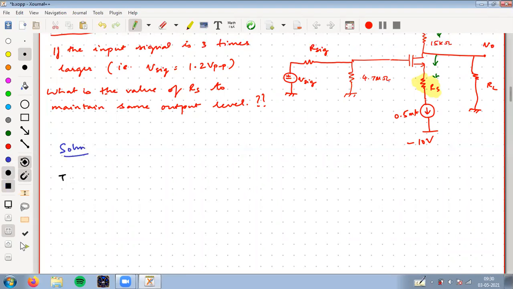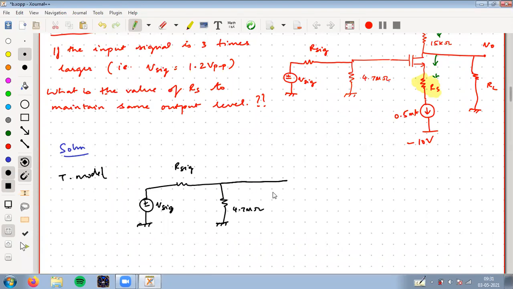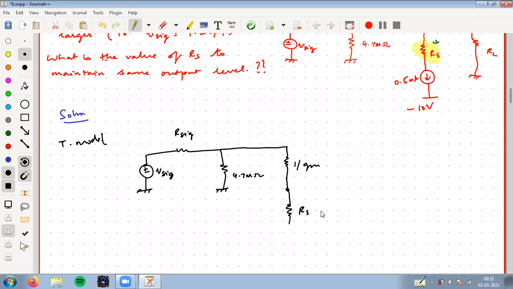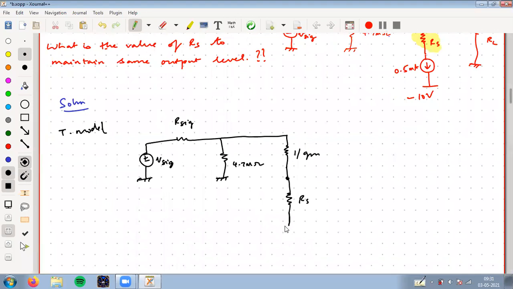So from that, if I draw the T model, we have V signal, then R signal, then 1 by GM, then you have RS, which is connected to ground.